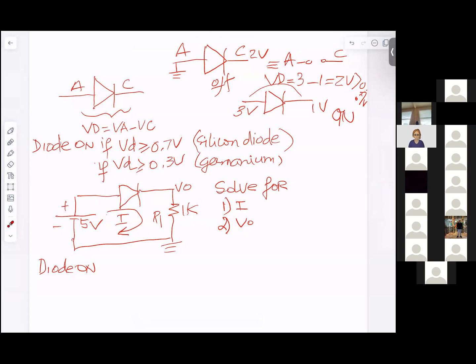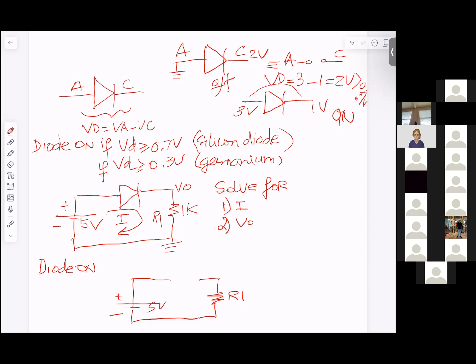Okay, now redraw this circuitry. Tell me, how can we draw the diode? You cannot leave a diode in the circuitry to solve the problem.